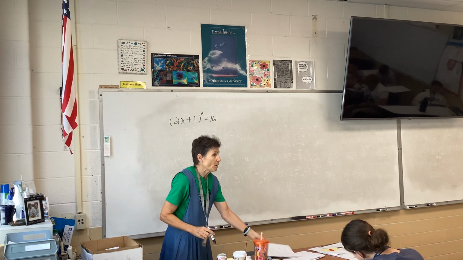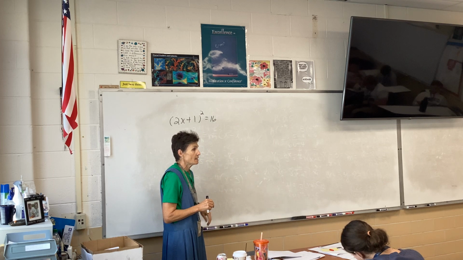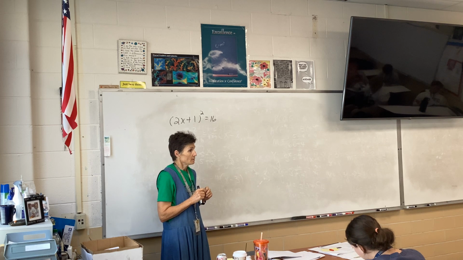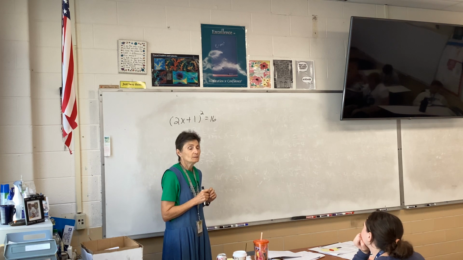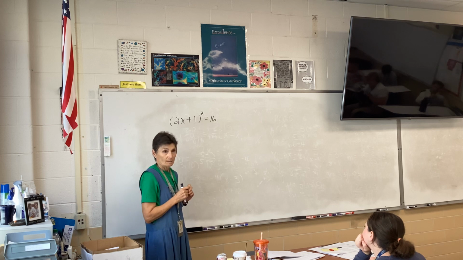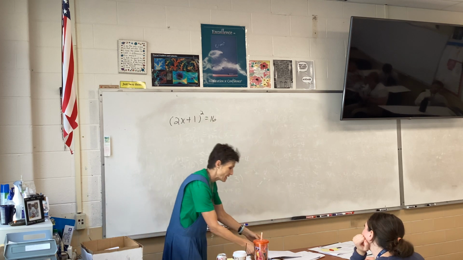So let's think about what we were doing yesterday at the end of class. Everybody okay? What do you think we should do on this problem? Square root both sides, exactly. Now I want to point something out.